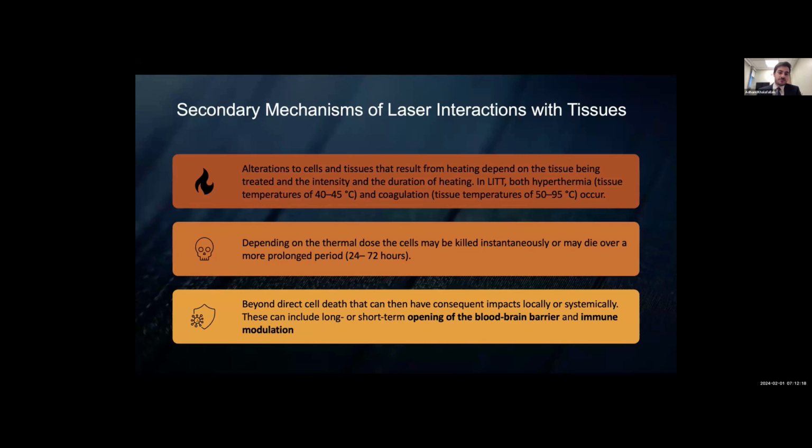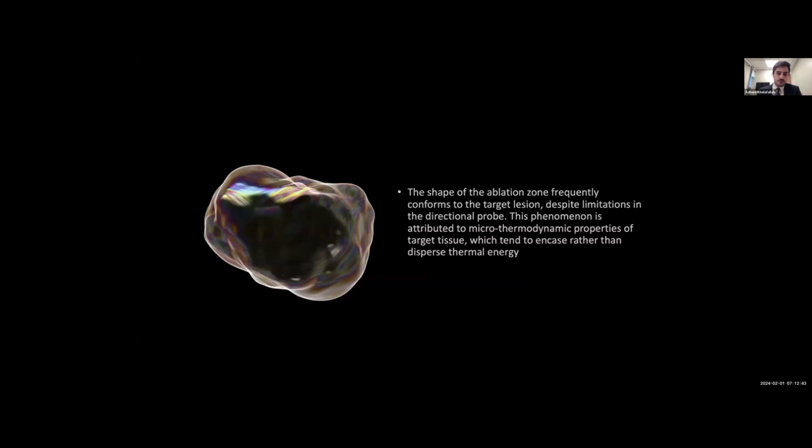But one of the mechanisms we're going to talk about in LIT is opening the blood-brain barrier. This helps us understand how this affects the chemotherapy being delivered and the immune modulation that's happening there. So all these different mechanisms help us understand why we're pushing the field forward to using LIT.